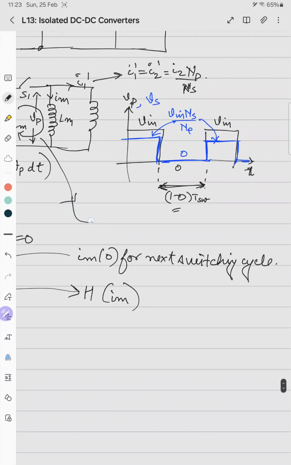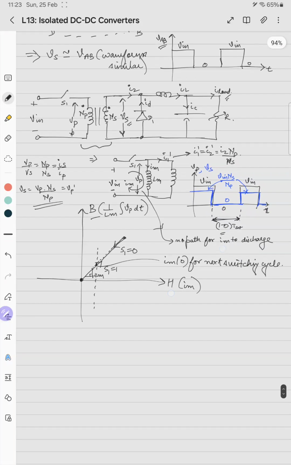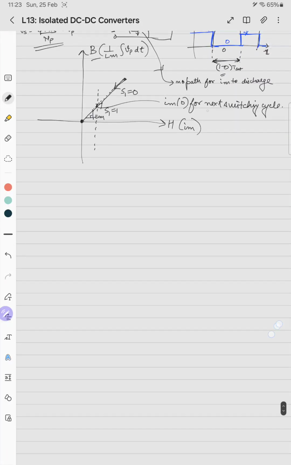There is no path for Im to discharge or demagnetize the core. So we have to make sure that Im of 0 at the end of each switching cycle should be the same, so that the core will not be magnetizing or the flux walking phenomenon will not happen.